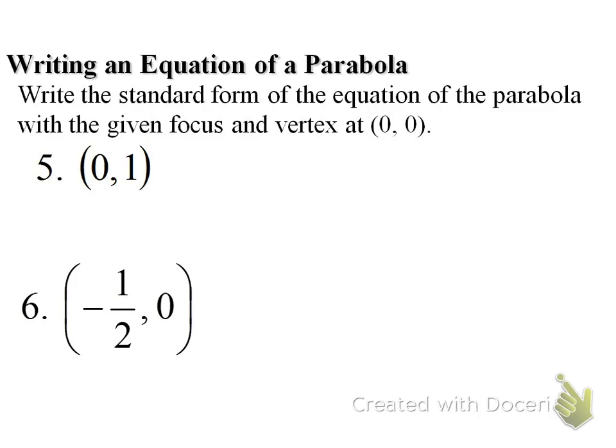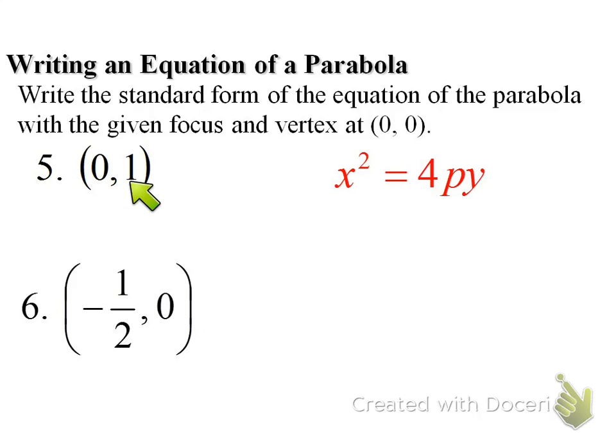The directions say that the vertex is at 0, 0, and the focus is at this given point. So we kind of have to think through what's going on here. If the focus is at 0, 1, that's above the vertex, right? So which way is it opening? Up. So we're going to start with the equation that has the x squared.